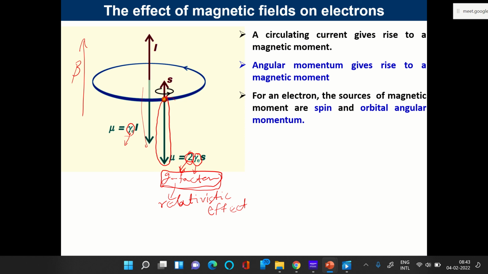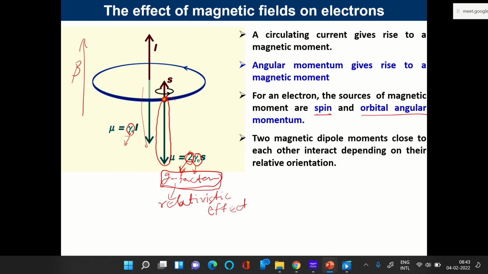So for an electron, the sources of magnetic moment are spin and orbital angular momentum. Both are accounted for: mu is proportional to the angular momentum, with a gyromagnetic ratio in both cases. In the case of spin, another thing comes up, the G factor. So there are two magnetic fields.